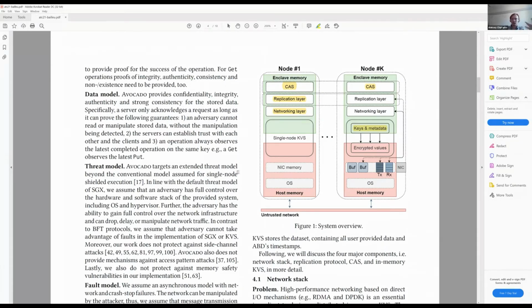Again, because they're using the kernel bypass, the send and receive buffers exist here. And the networking layer, the eRPC library, exists in the enclave, but eventually it goes from this protected memory into the host memory.